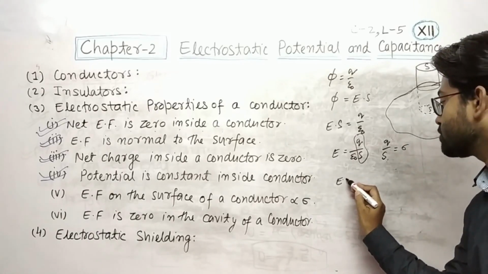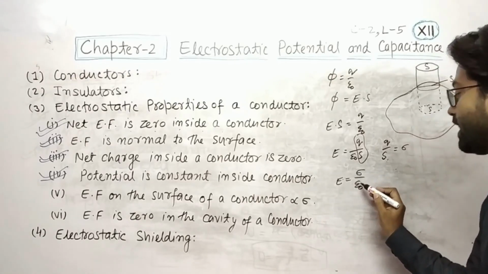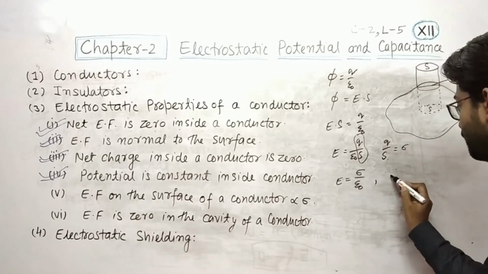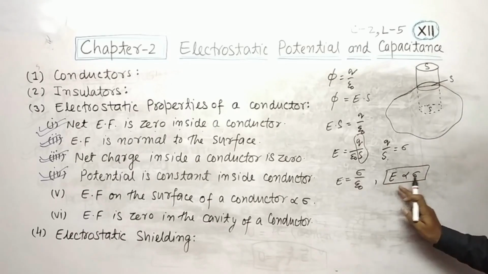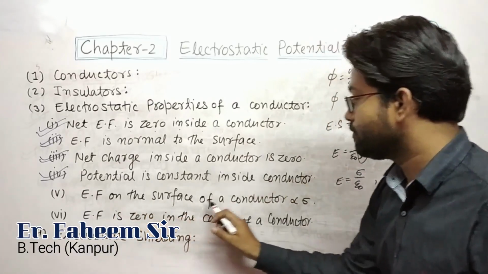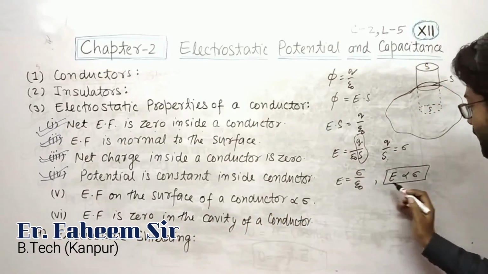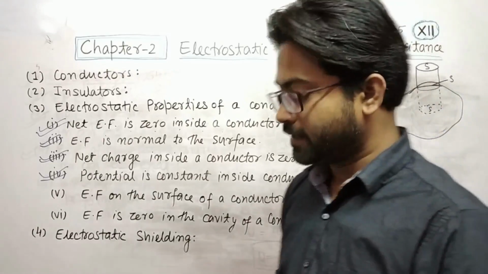So E equals sigma upon epsilon naught. Epsilon naught is constant, so E is directly proportional to sigma, meaning electric field on the surface of a conductor is directly proportional to the surface charge density.